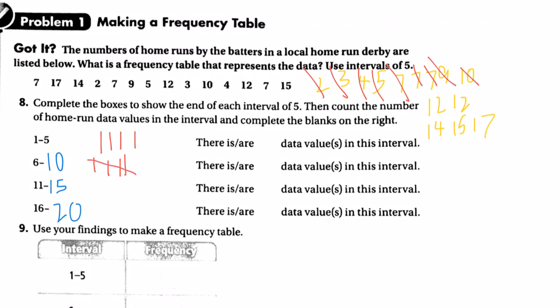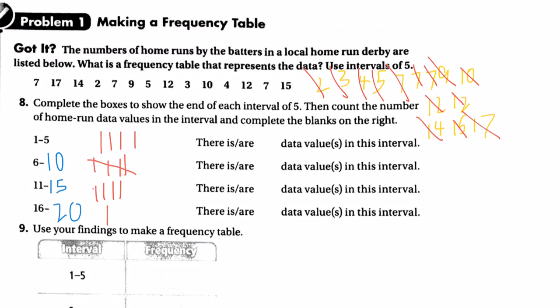For 11 to 15, I have 12, 12, 14, 15. And from 16 to 20, I have 17. So you first create your intervals, then tally them up.